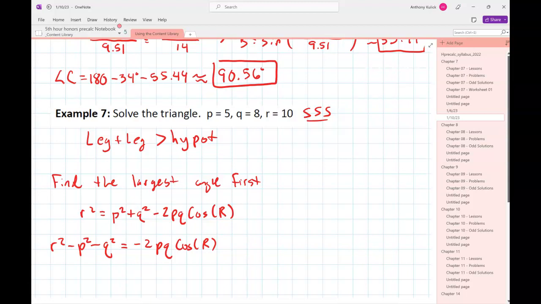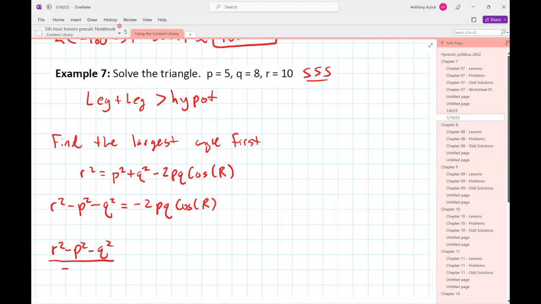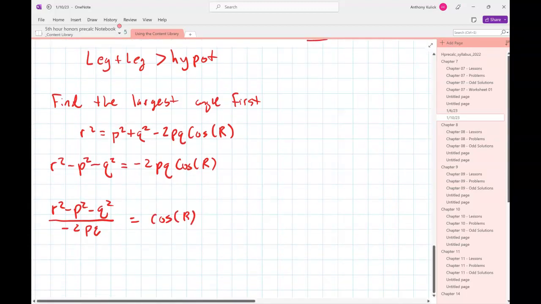Everybody's okay with that? Next thing we want to do is divide by negative 2PQ. Absolutely. And then the last thing we would need to do is cosine inverse to both sides just to get the R by itself.